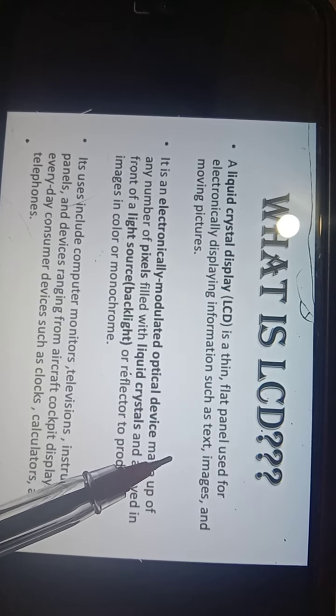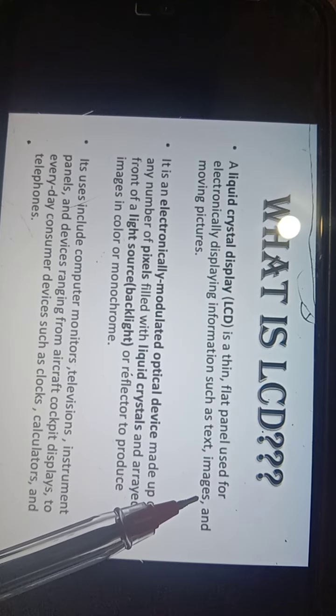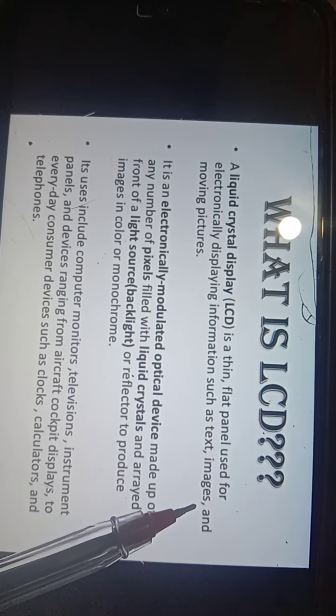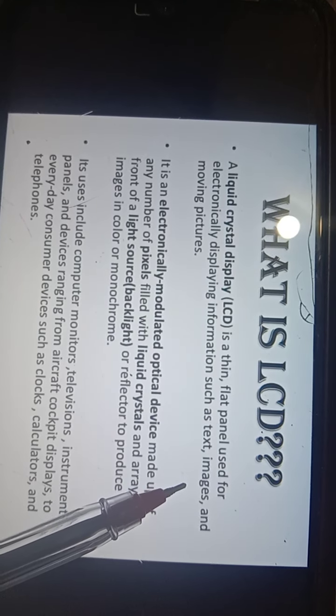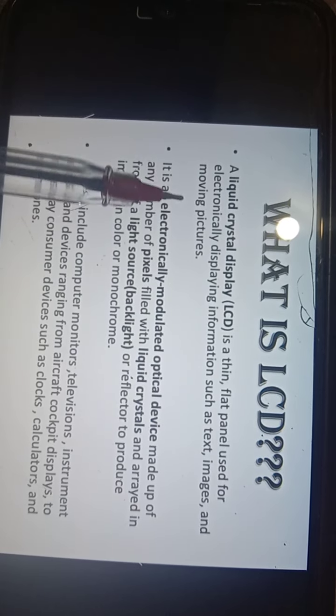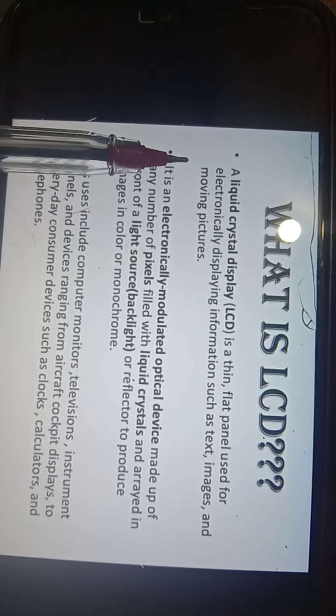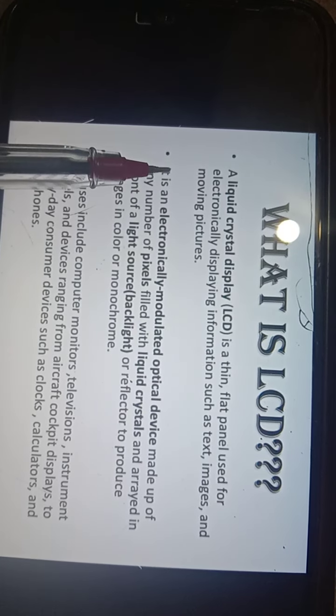We can store them in LCDs, meaning captured images, nature images, that can be exhibited in liquid crystal displays. And moving pictures are nothing but videos that we have seen, maybe movies, short videos, clips and all.